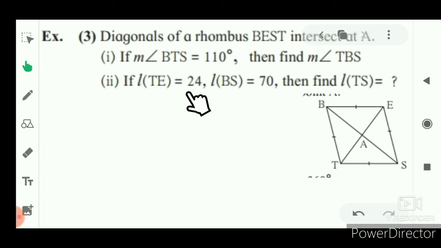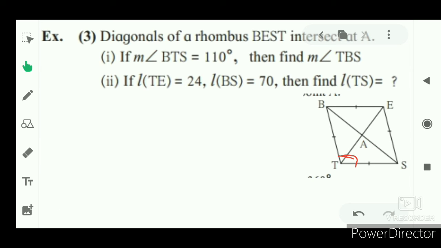The measure of angle BTS is given as 110 degrees, and we have to find out the angle TBS.